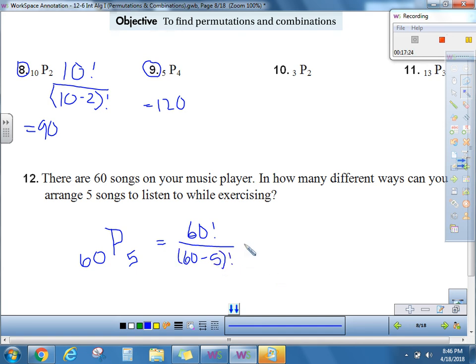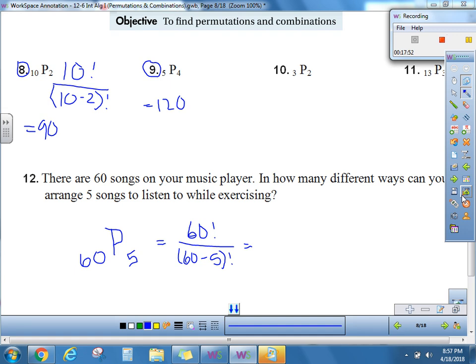And I want you to type that in your calculator with me. And there's a shortcut for this, and I can walk you through it. However, if you get lost, you might just want to Google how to type in factorial in your calculator. So what you're going to do is type in your 60, and then go to the button that says PRB.